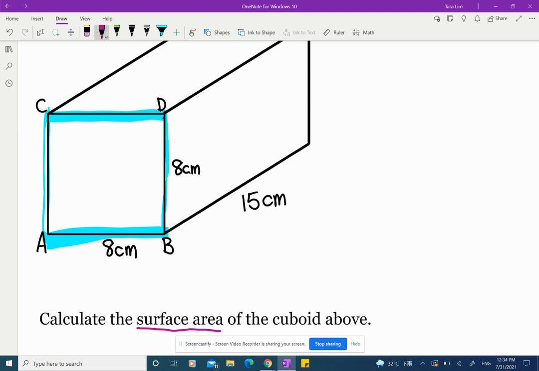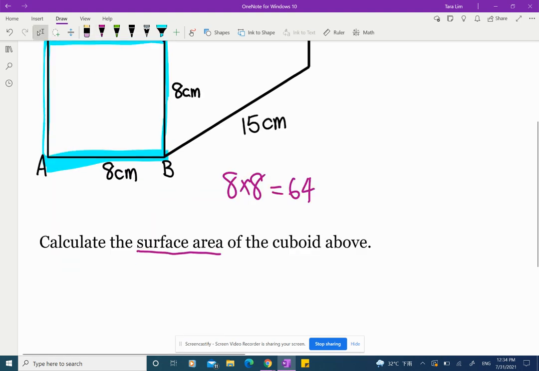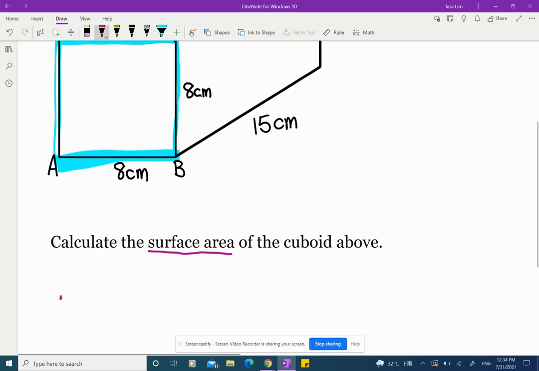Now we know what area is. Area is something times something. Now you know a square has the same sides, which is 8 and 8. So we do 8 times 8, which is 64. So the area of the square, I'll just call it SQ, represents square.